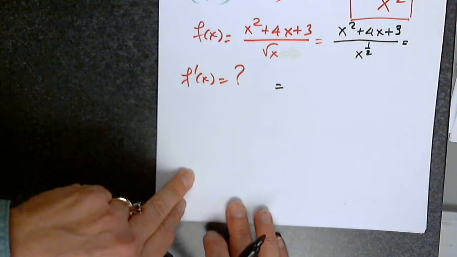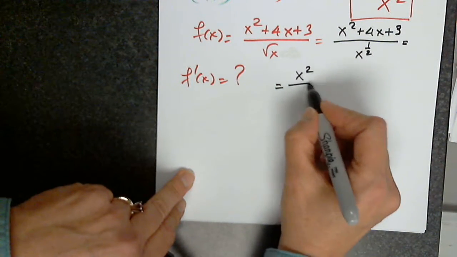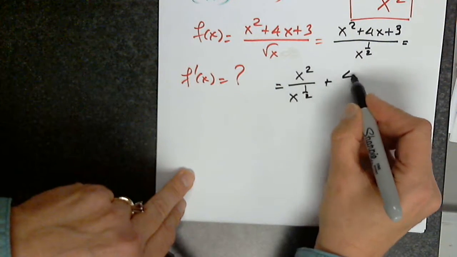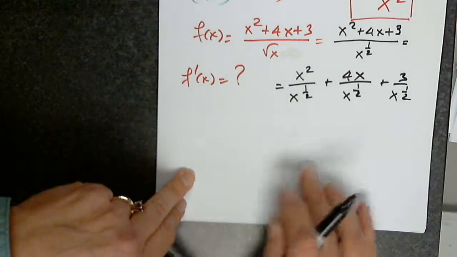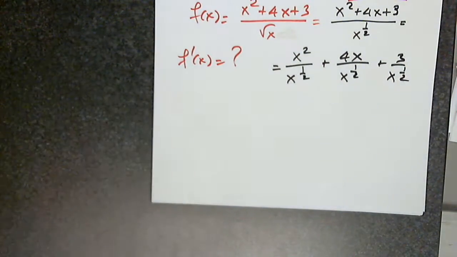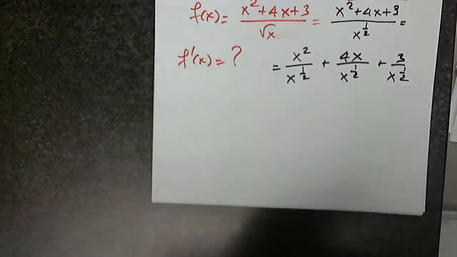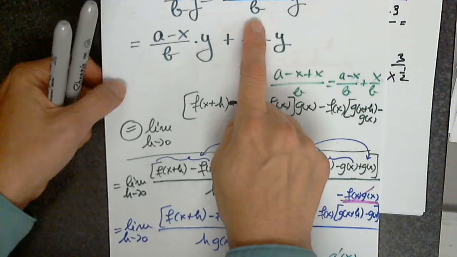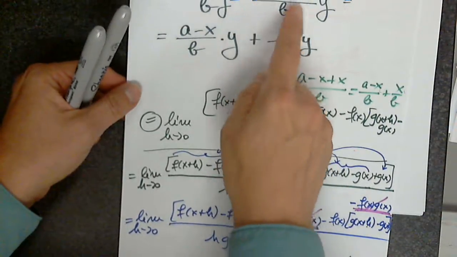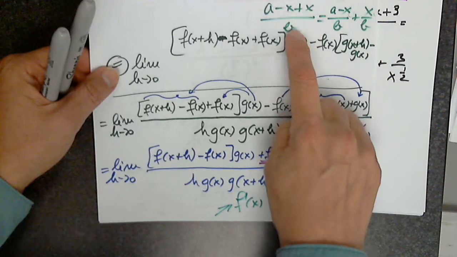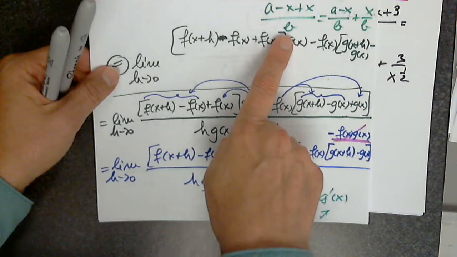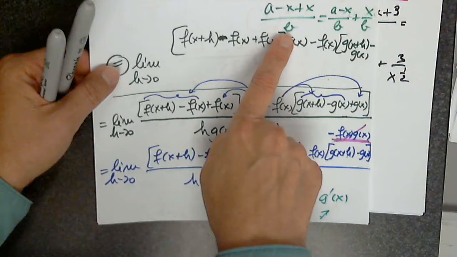This is what I can do, because the denominator is one term. Remember when I needed your approval on this? When I said I can split this fraction into a minus x over b and x over b, because the denominator is one term. Otherwise, I couldn't have done that.